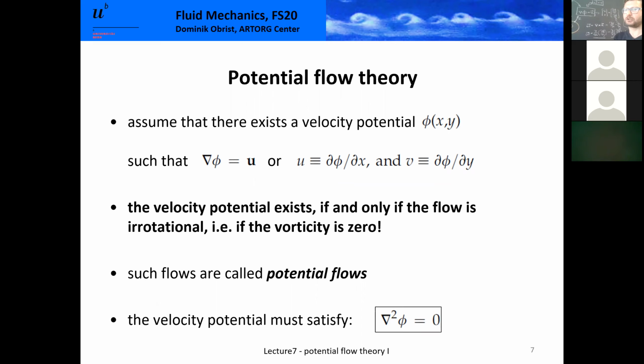We computed the vorticity, and so the vorticity always has to be 0 if there is a potential. And we have shown up here that satisfying the continuity equation is tantamount to satisfying a Laplace equation for the potential.